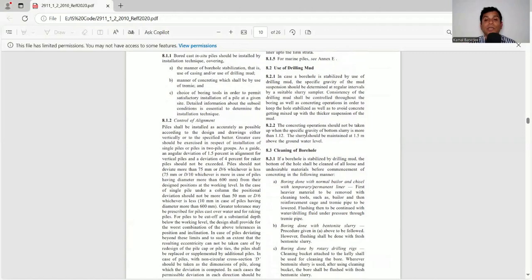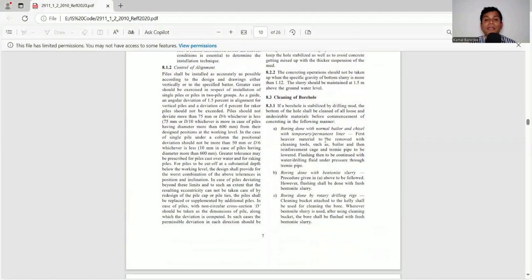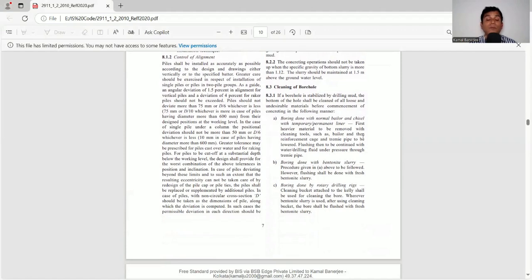Then cleaning of the borehole. Now if a borehole is stabilized by drilling mud, the bottom of the hole shall be cleaned of all loose and undesired material, because we are drilling and removing the soil using direct mud circulation, but there are always chances of loose soil inside the borehole. Now we need to clean that. Boring done with a normal baler or chisel with temporary or permanent liner.